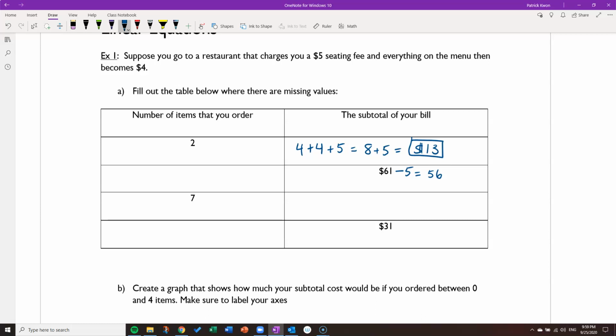So basically what that's saying is that whatever number goes here, the number of items that we ordered, if we multiply that by $4, it should give us 56.